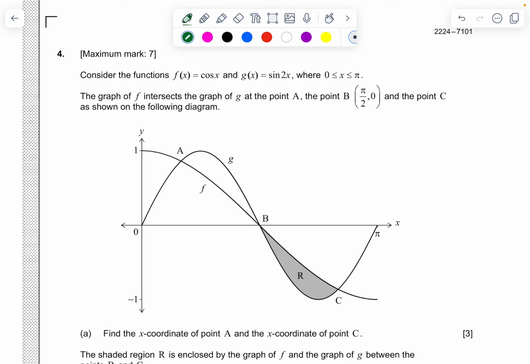The graph f intersects the graph g at points A and B, and this point is going to be pi upon 2 comma 0. That is going to be the point.